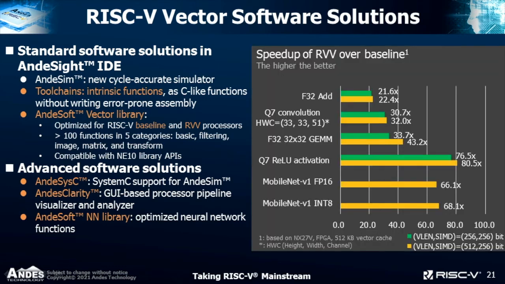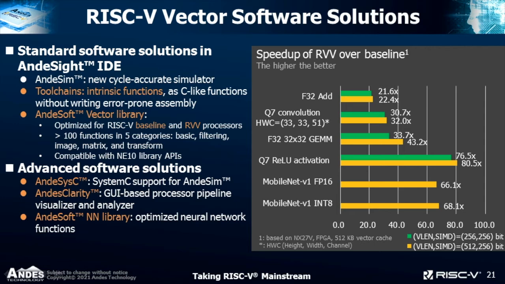RISC-V vector extension is very powerful for data processing. As you can see, the speedup of RVP over baseline. You can focus on the yellow bar, which is with the configuration of VLEN 512 bits and SIMD with 256 bits. For the add operation of F32 data type, it is about 22 times speedup.